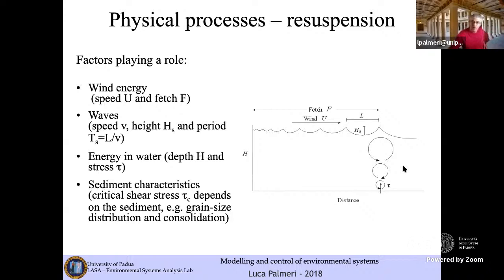So now that we have all the elements: the shear stress generated by winds, which itself generates these loops, produces a force, and you have a reverse force that we may call the critical shear stress, a vertical downward force that keeps the sediments from being suspended. We are ready to build up a model for describing this process.